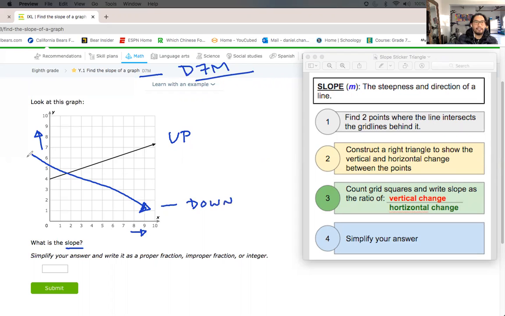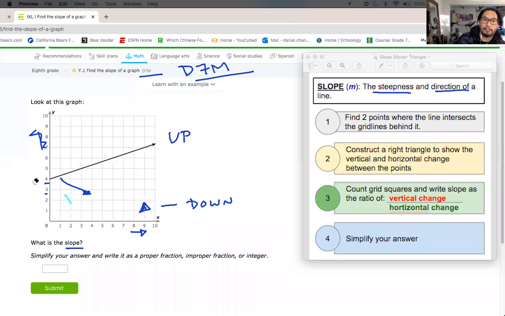And this has a negative slope because you can see that the y values, 4, 3, 2, 1, are going down as x increases. This is the opposite direction. So slope is the steepness and direction of a line. That's what I'm talking about. All right, let's move on.